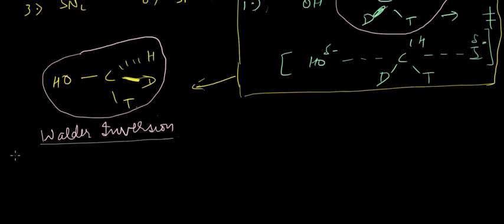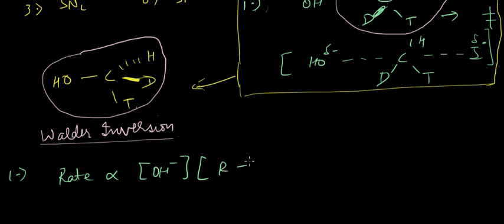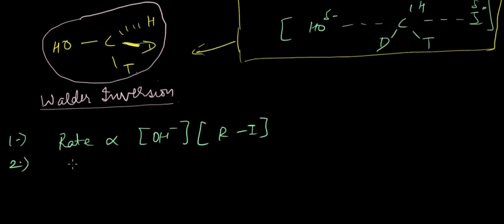So let's talk about the characteristics of this reaction. First, the rate of this reaction depends on the concentration of OH minus and the concentration of RI. Second, the order or molecularity of this reaction is 2. We'll talk about order and molecularity in the upcoming lectures, or you can find it easily in my physical chemistry lectures.